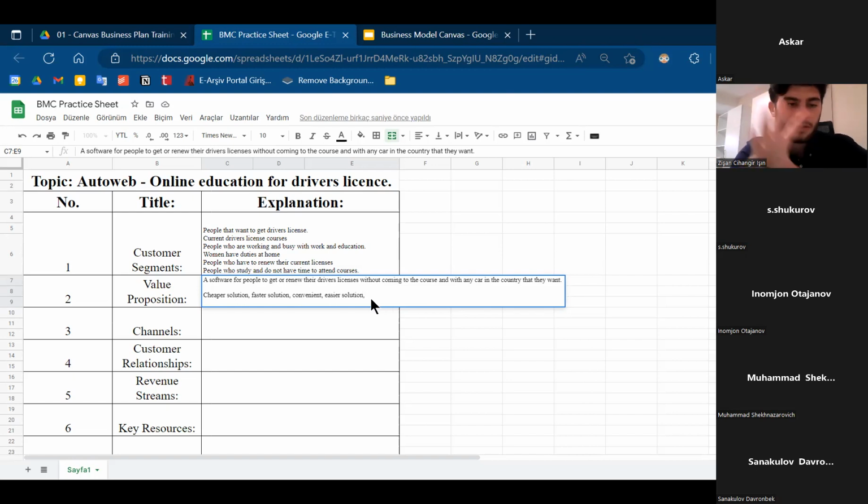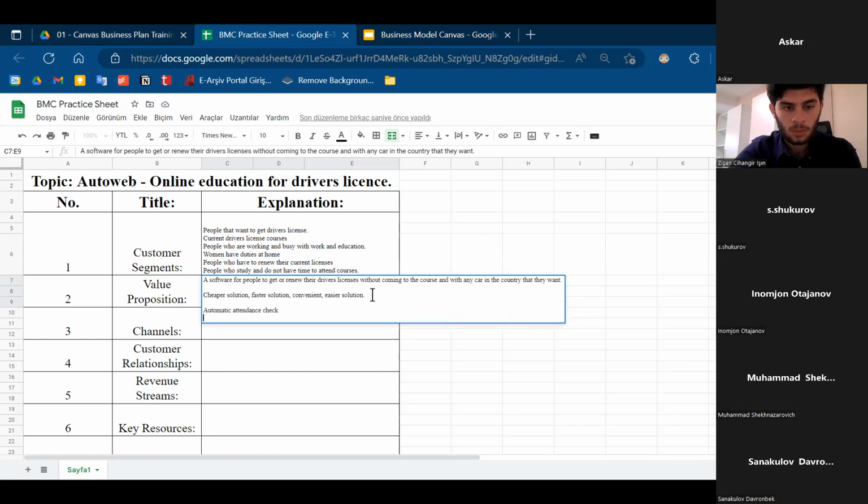What else could you say? Just think of this part as what's your main difference. The main thing that I should point out is what kind of problem we solve. We check your attendance automatically. In Uzbekistan, the education system differs from the Turkish style, because we have lots of corruption in this system.